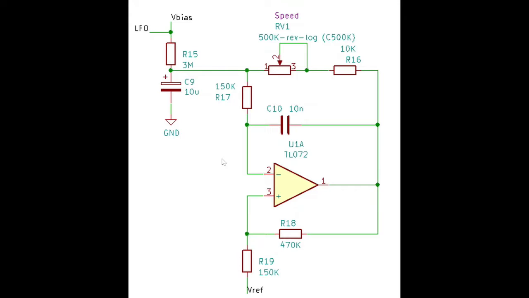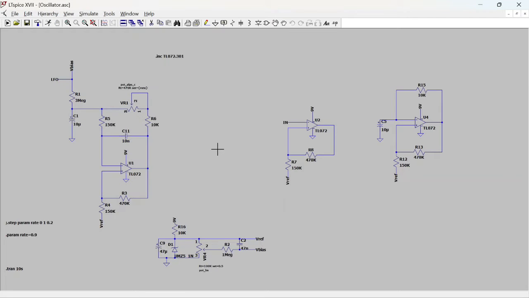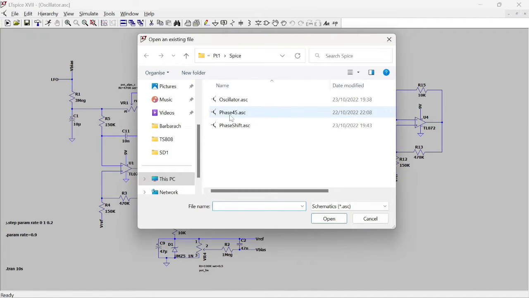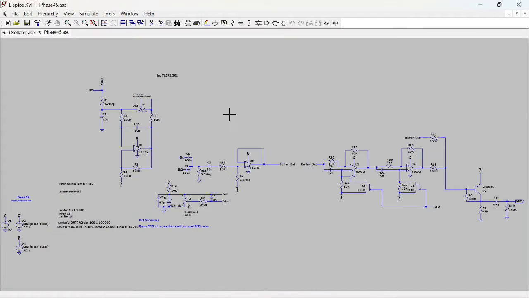So it is a relatively well known circuit, but let's see how that actually works. I prepared a SPICE simulation for this. So here is the oscillator, and I actually have the full thing here, and I'll upload it on the web page.